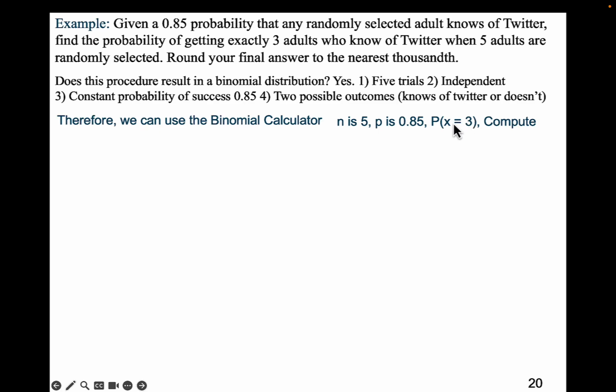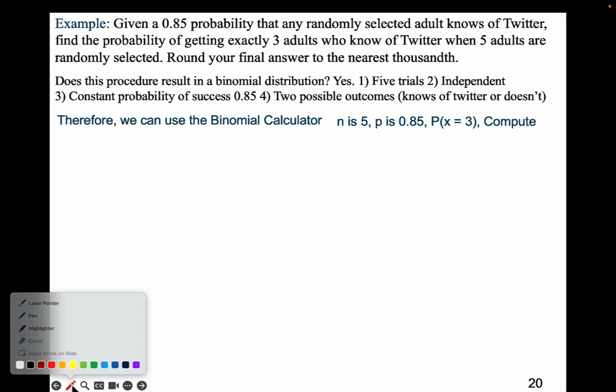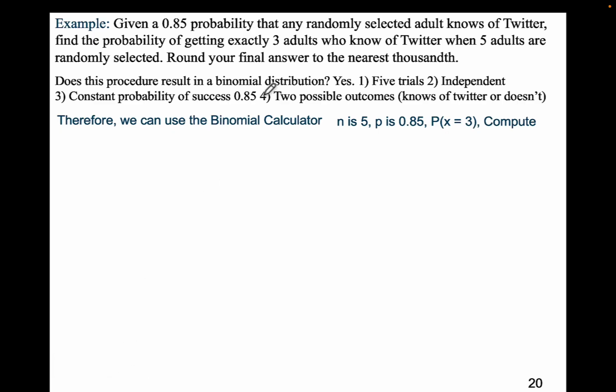We're going to choose an equal sign because of this wording right here. It says exactly 3. So that would be x is equal to 3. So that's why we're going to set up the notation like this. We'll hit compute and read our output screen. Let's give it a try.